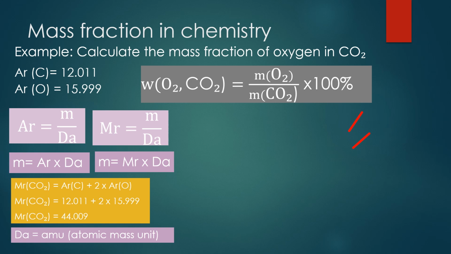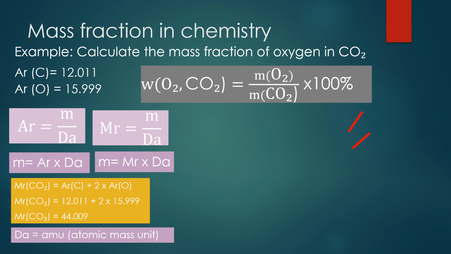So you have 1 carbon, so 1 AR of carbon, and 2 times AR of oxygen, because there are 2 atoms of oxygen. When you multiply and then add all together, the result is 44.009 Dalton. Again, in this mass fraction formula, instead of the mass of carbon dioxide, now you have it.